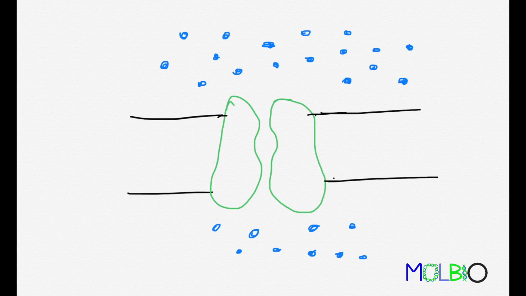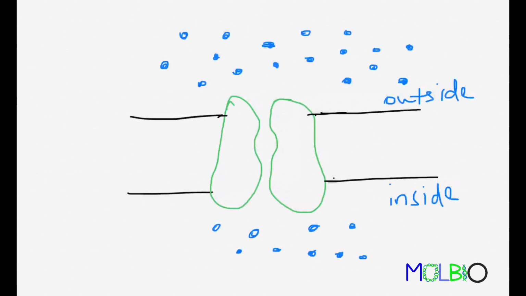Taking an example, here we have some kind of molecule, for example some ions, which is in higher concentration outside the cell, while it has a lower concentration inside the cell. But for some particular purpose, we have to transport the ion from inside to outside.